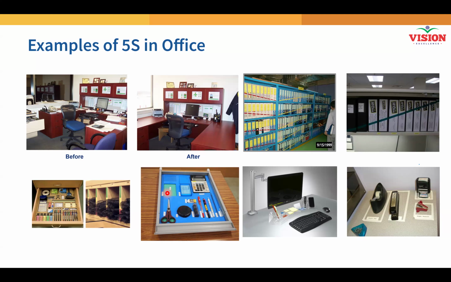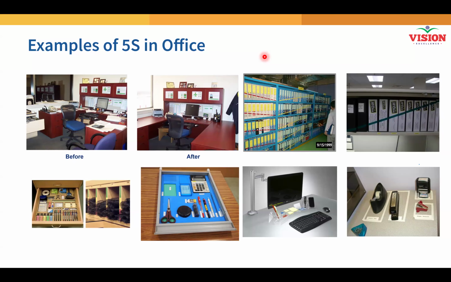This is a minimum general goal for any kind of workplace, and then you can go for better standards. All right, see here, even the places are marked for your keyboard and the mouse and everything. So you can implement 5S starting from these kinds of basics to any higher level.